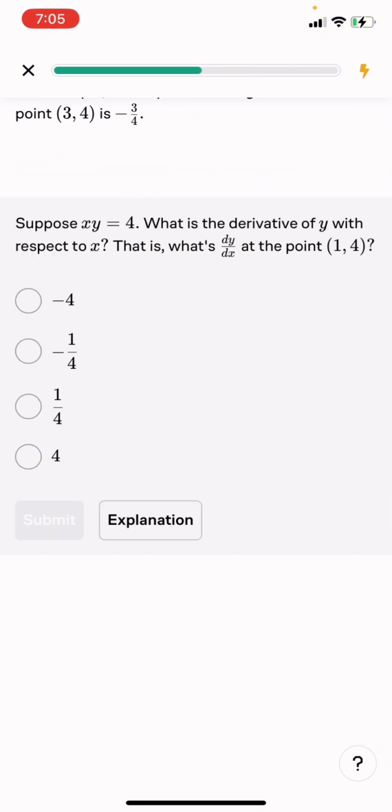Suppose xy equals 4. What is the derivative of y with respect to x? That is, what's the derivative of y over derivative of x at the point 1, 4?